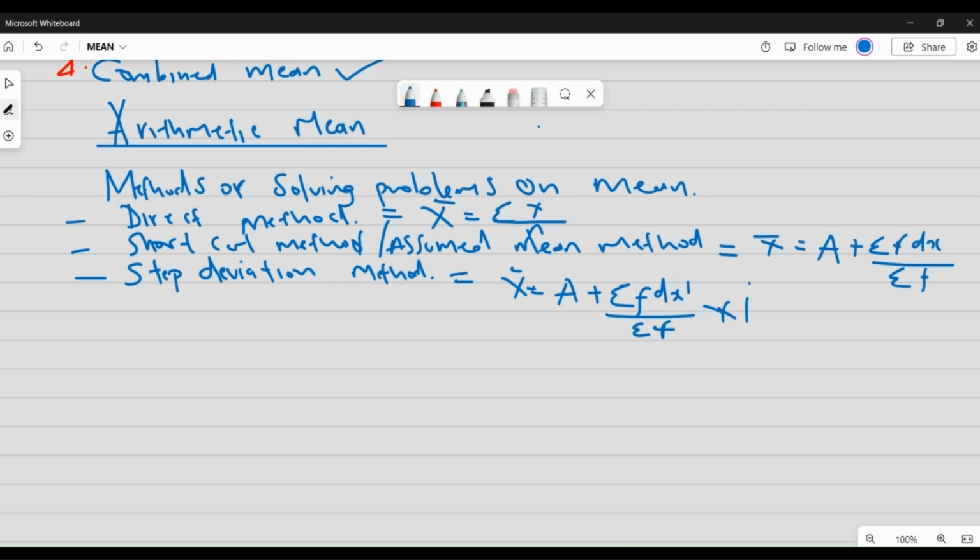So this is the formula for the different methods of computing mean.